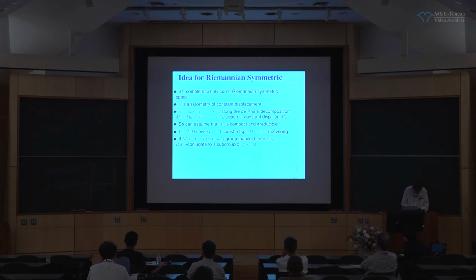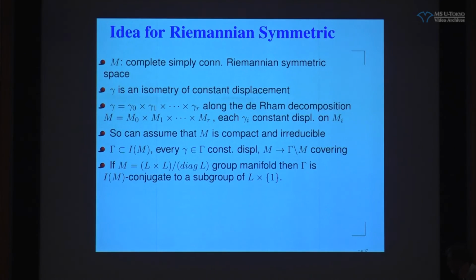Well, to do that, that goes in some steps. So first you will take an isometry of constant displacement, the element of the group gamma, and you write it as a pair, say G1, G2. Then it sends X to G1 X G2 inverse.